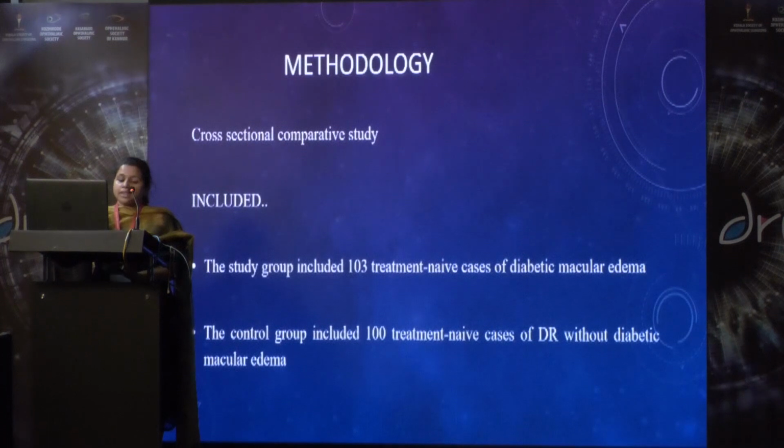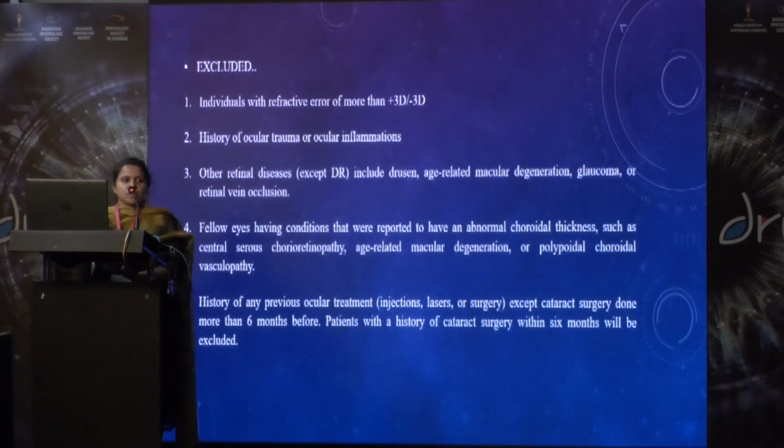Ours was a cross-sectional comparative study, and we included 103 treatment-naive cases of diabetic macular edema and 100 treatment-naive cases of diabetic retinopathy without diabetic macular edema. And we excluded all those cases who had a previous history of ocular treatment or any other retinal diseases other than diabetic macular edema or any ocular condition which could impair the choroid.